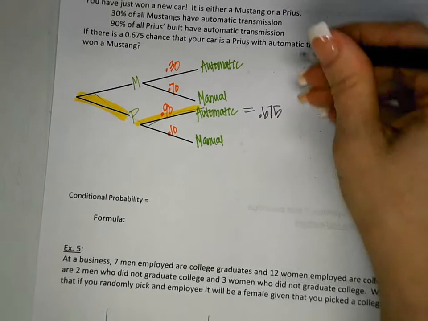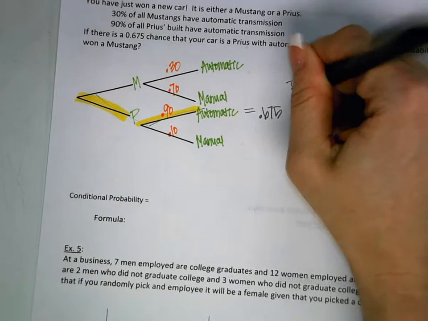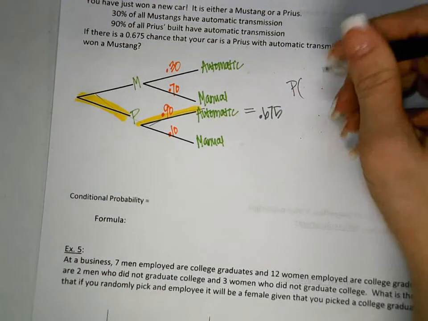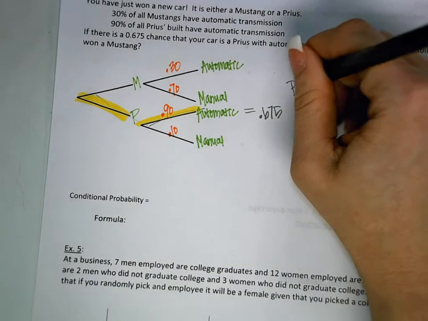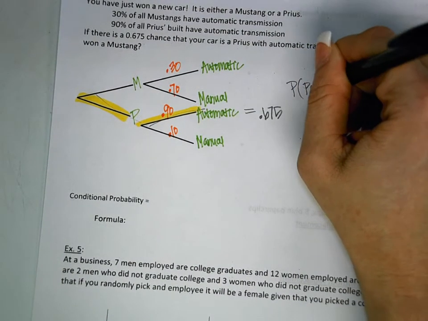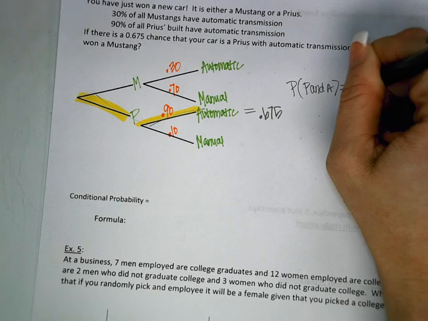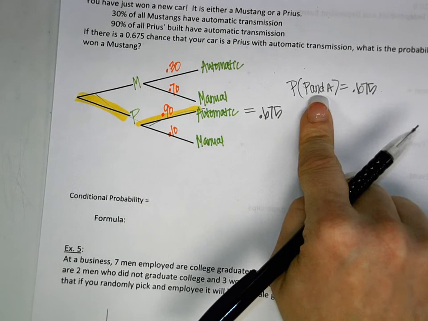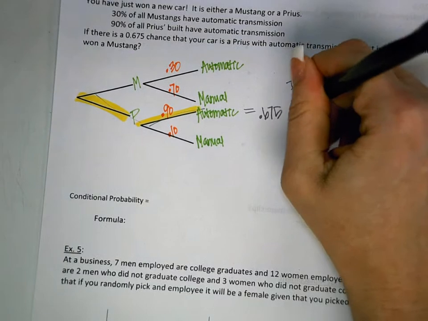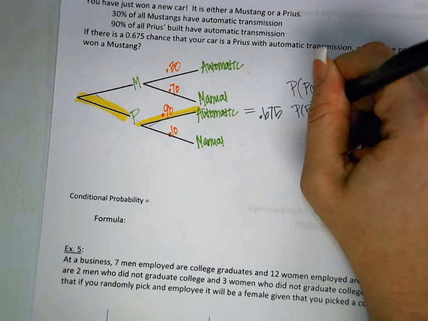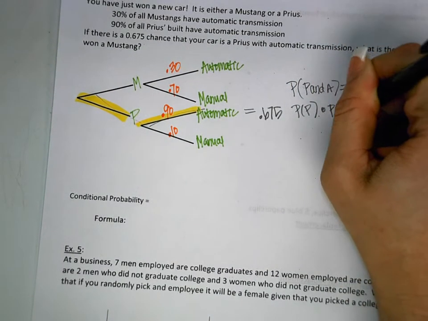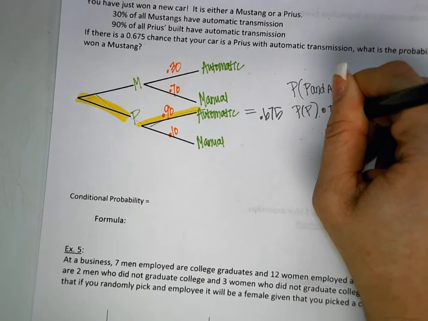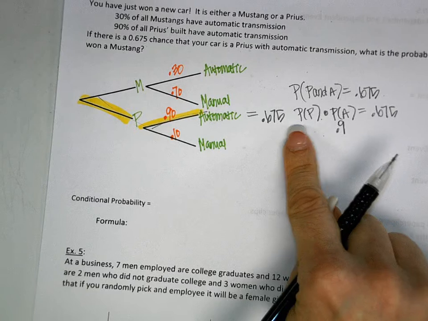So if I want to find the probability that you won a Mustang, first I know that the probability of being a Prius and automatic is equal to 0.675. So the probability of a Prius multiplied by probability of being automatic equals 0.675. Can you fill in the blanks here? This is a 0.9, so how do I solve for probability of being a Prius?